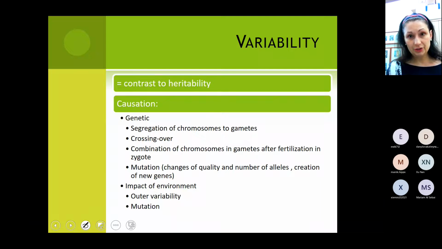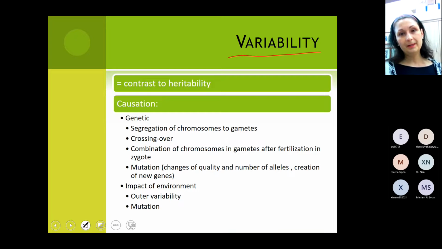This is what I already mentioned about variability. The main driving force of variability is environment, lifestyle, and culture. However, there are also some external effects which are inducing, for example, mutation.